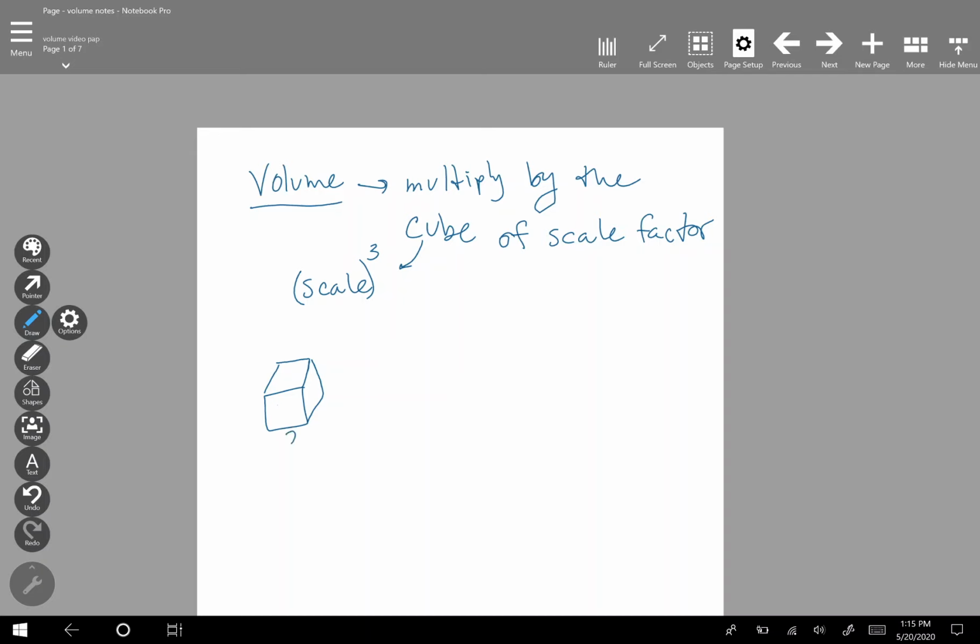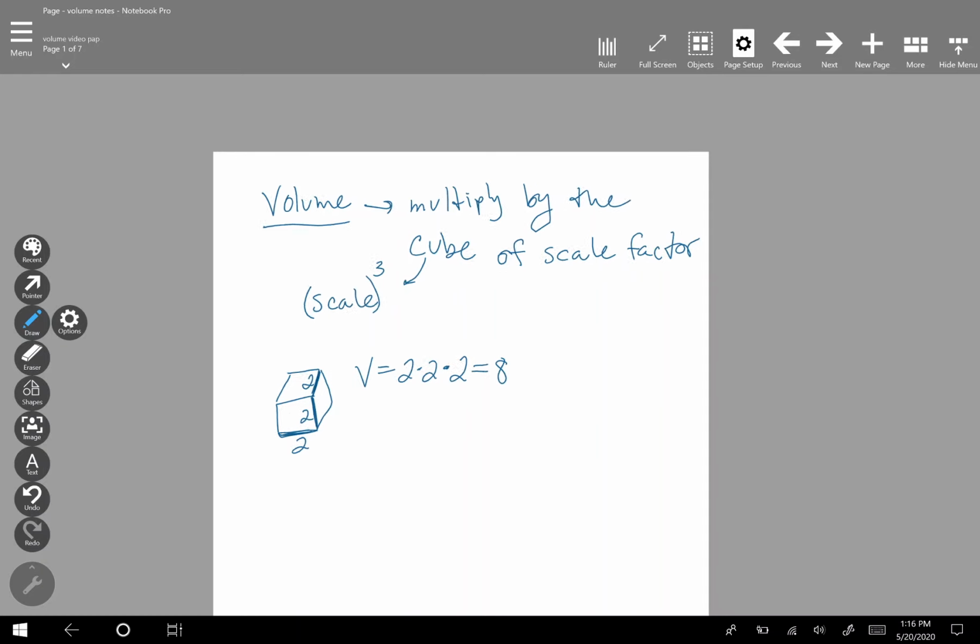Let's say that it's 2 by 2 by 2, and I'm highlighting the sides I'm referring to. The volume of this little cube would be the area of the base, so 2 by 2, times the height, which is 2. So 2 times 2 times 2 is 8.